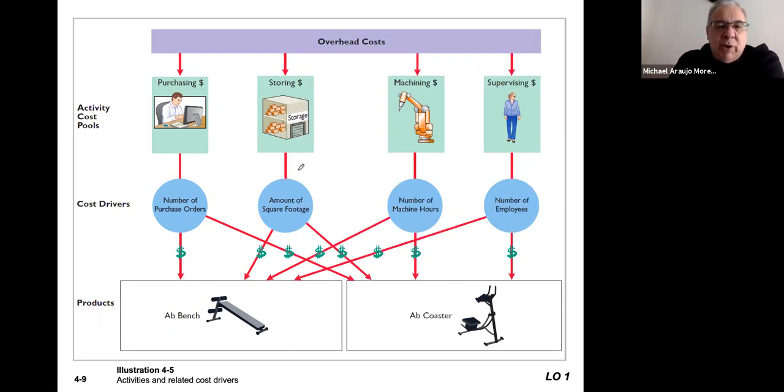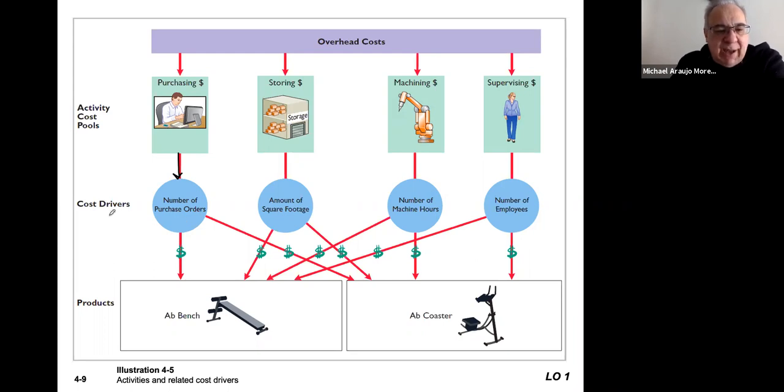So for example, when you look at these costs here, on top of page 139, if you have the book with you, this shows that in the purchasing department, which is a specific activity because you have to purchase raw materials and all this other stuff, the main cost driver there most of the time is the number of purchase orders, because they need to buy a whole bunch of stuff.